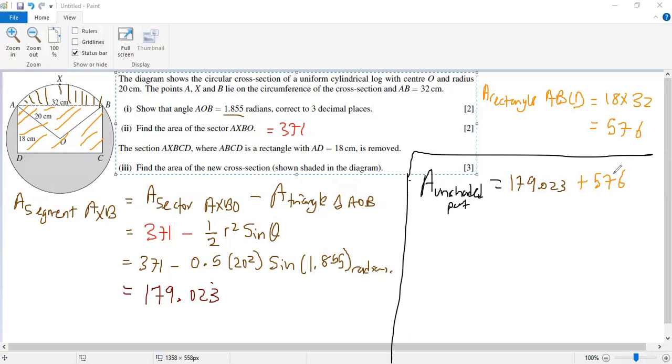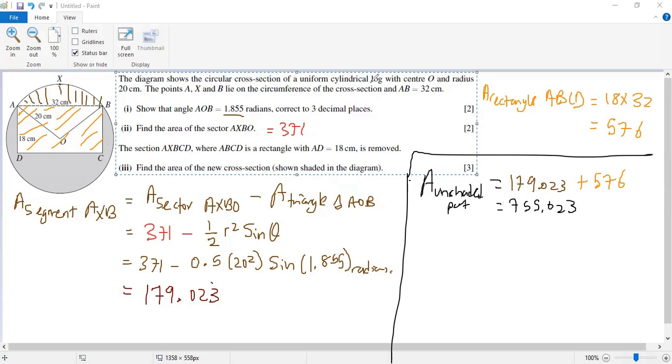So 576 plus 179.023 becomes a total unshaded part of 755.023. So this is how we get the area of the unshaded part.